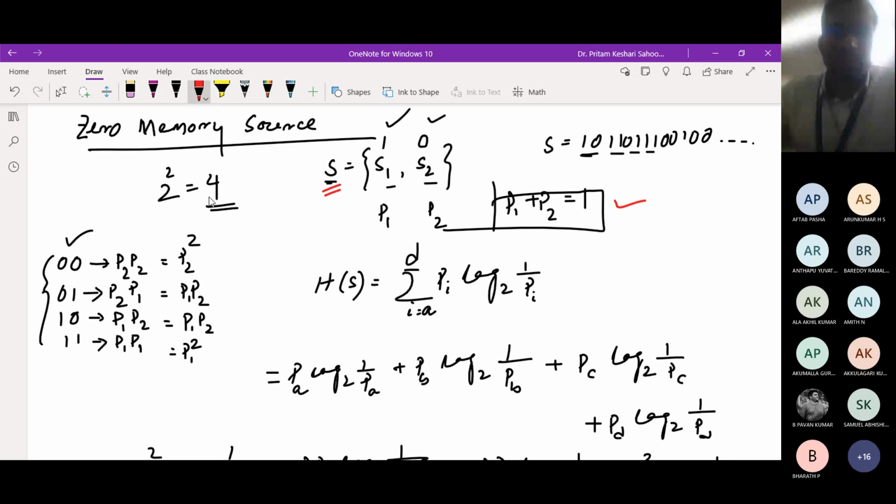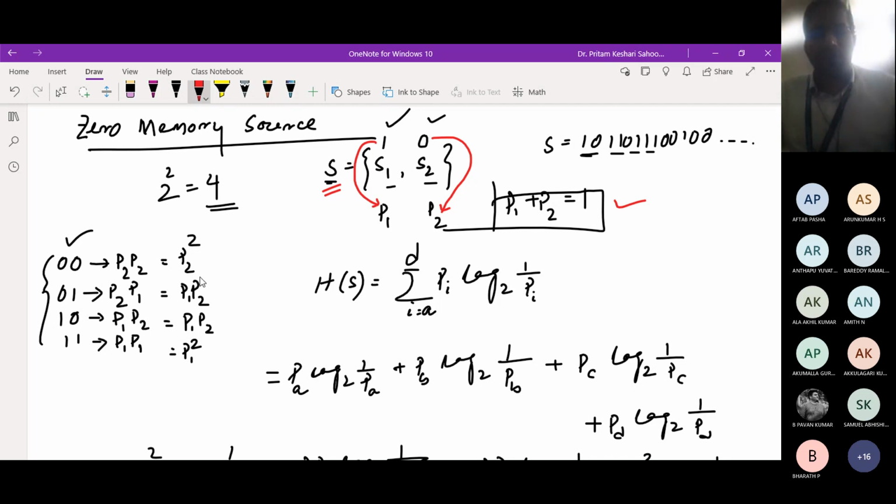So we have 4 different symbols: 0, 0, 0, 1, 1, 0, and 1, 1. Each 0 has probability P2, and 1 has probability P1. Since both are independent of each other, the joint probability will be P2 into P2, that is P2 square. Similarly, we also noted the probability of the other symbols.